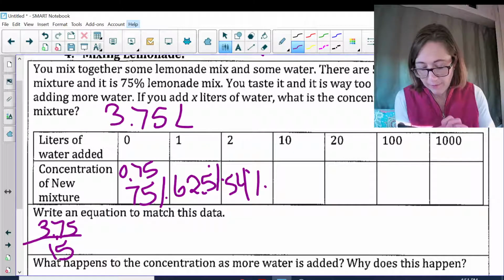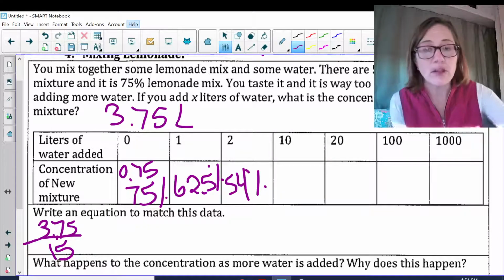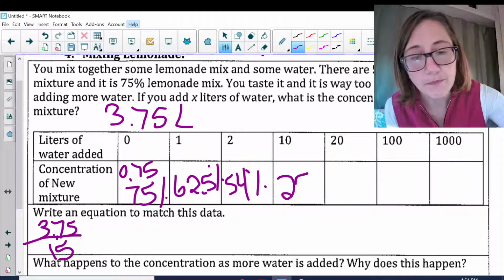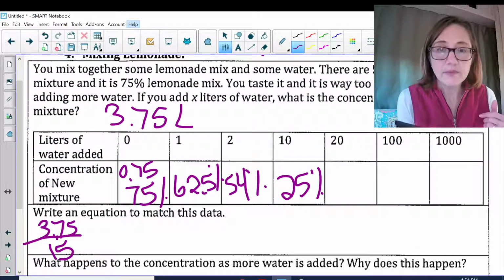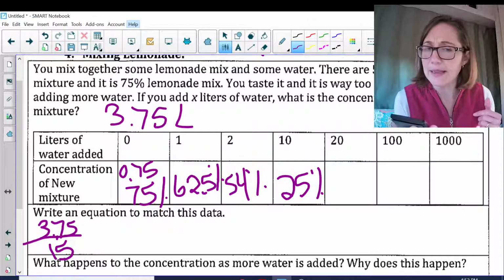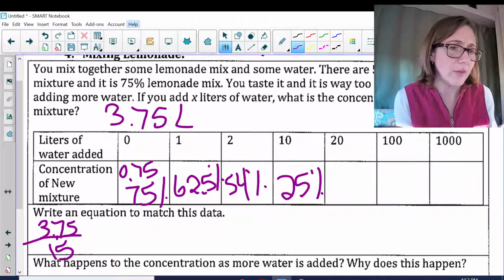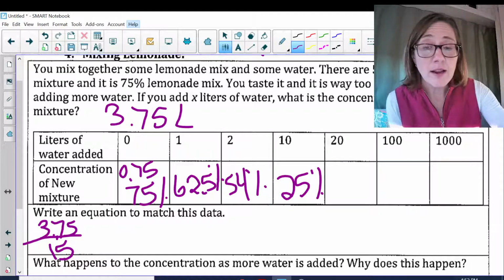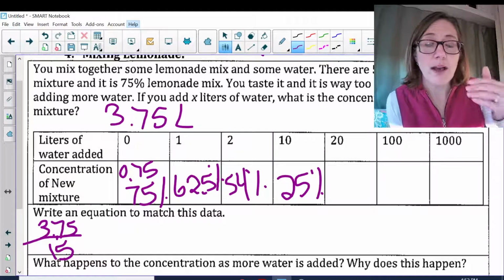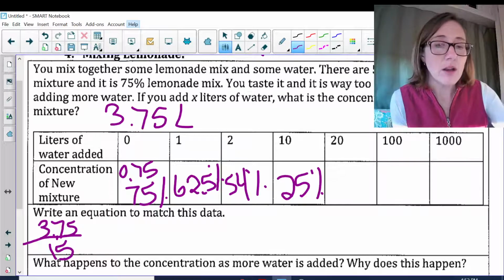So if I take the 3.75 and divide it by 15, now it's only 25% lemonade mix. And at some point I think this is going to get too weak. I don't know what the right ratio would be on this, but the next one, I'm going to need to add 20 liters of water.